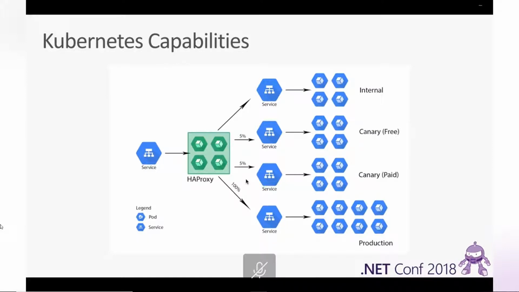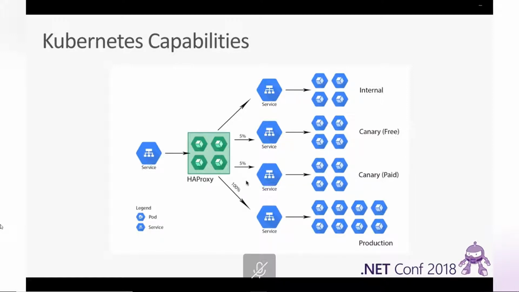For example, you could have an internal set of services and pods that only your team will test, like a UAT environment. Then you can promote those same changes, meaning that you will update the service with the new version of the container image in a canary way, so that only your free users will experience it, and that will be only 5% of your users.